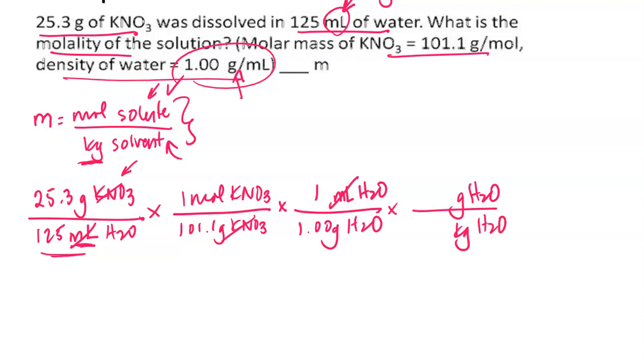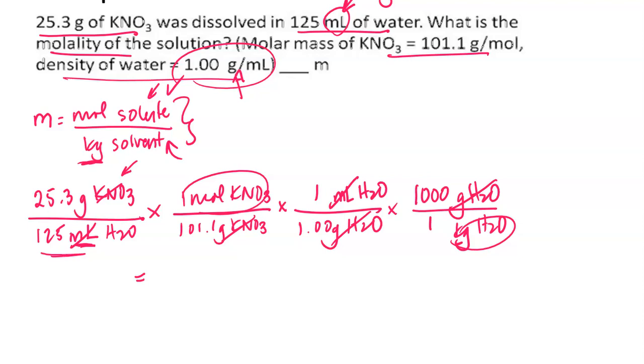And if you recall back to the beginning of the year, our metric prefixes tell us that if I have this prefix kilo, then there should be 1,000 grams in 1 kilogram. And so these units will cancel, and I'll be left in units of moles of solute per kilogram of solvent, as I am expecting to be if I do this molality concentration correctly.